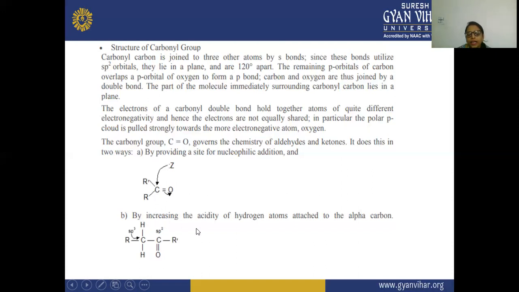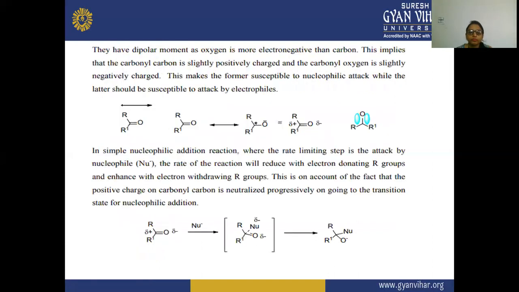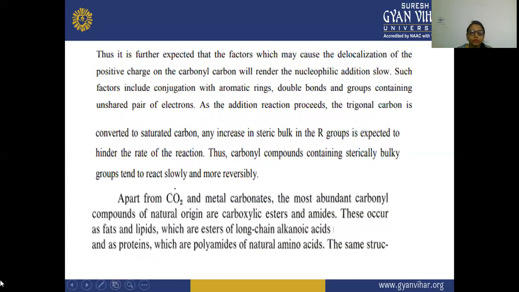This also increases the acidity of a hydrogen atom attached to the alpha carbon. If an alkyl group is attached to this carbon atom, then this carbon is sp3 hybridized, and this hydrogen is the alpha hydrogen, whose acidity is increased.